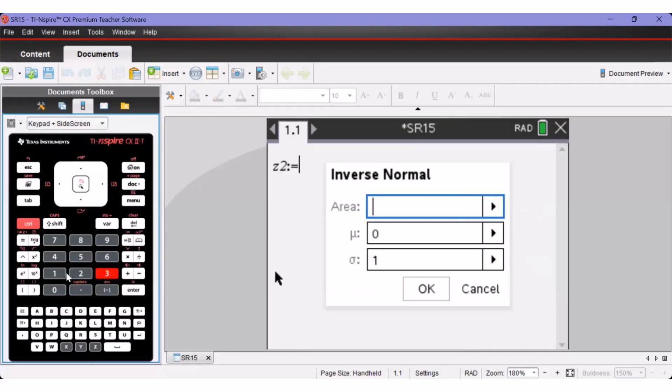Now the area is 0.4. And I would like the mean to be 0 and the standard deviation to be 1. So in other words, we're looking at the standard normal distribution. Tab all the way through to highlight OK and press enter.